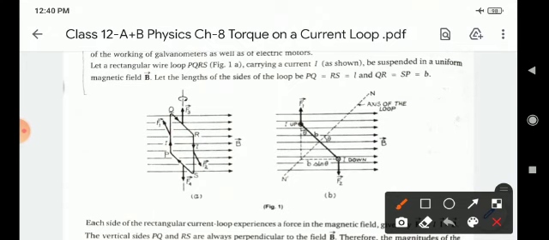Let the length of the sides of the loop PQ equal L and QR equal to SP equal to small b. Listen children, B vector represents the magnetic field and PQRS is the rectangular wire. In this wire, current is moving in the anti-clockwise direction.